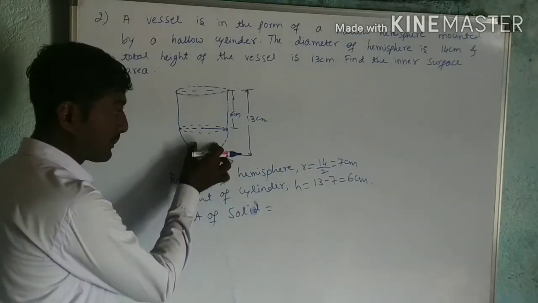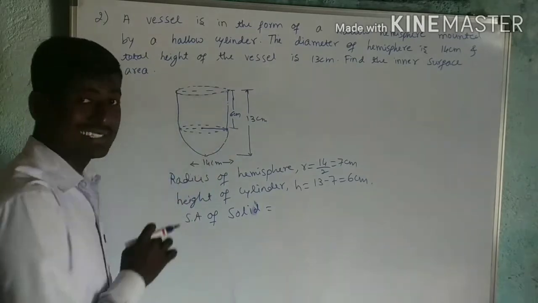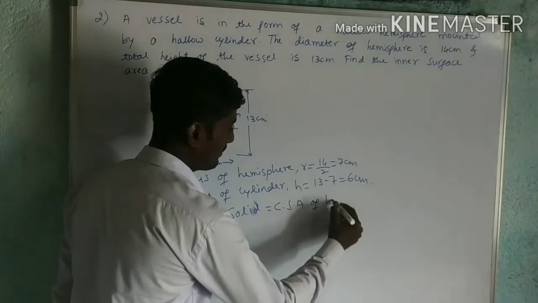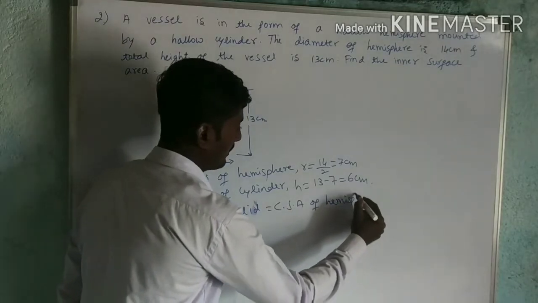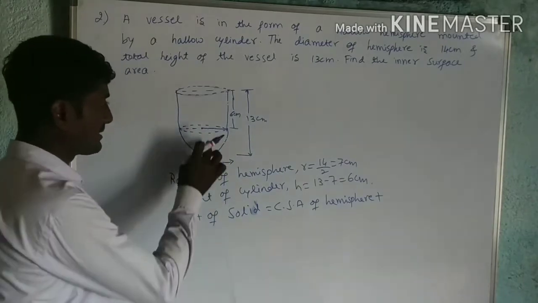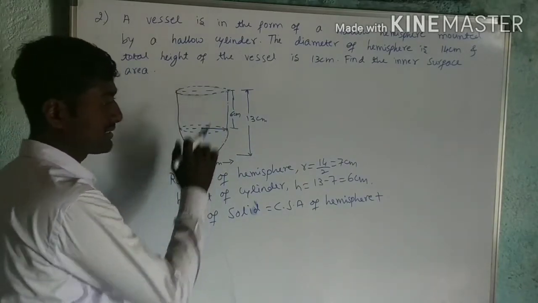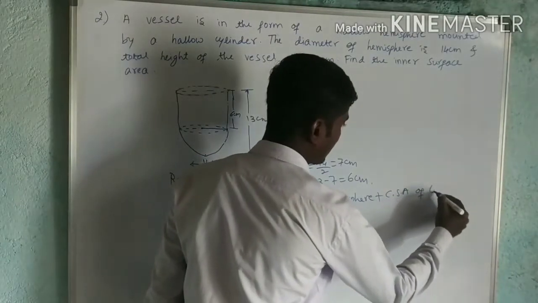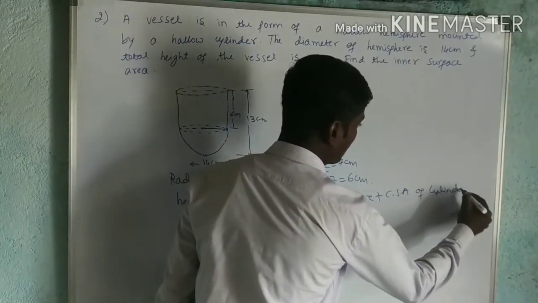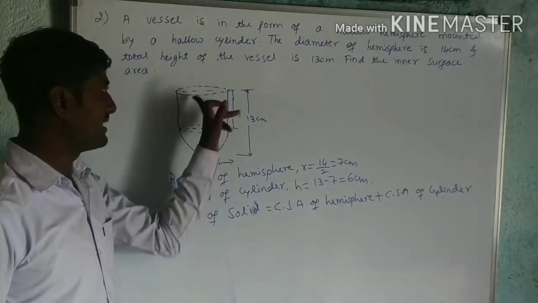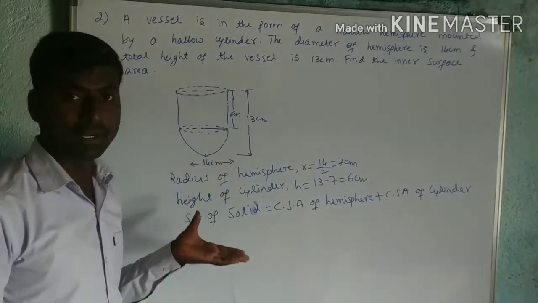CSA of hemisphere, because a hollow hemisphere is there, plus CSA of hemisphere, plus, now this is CSA of cylinder. Why is it CSA? Because that is also hollow, meaning these two ends are kept open.